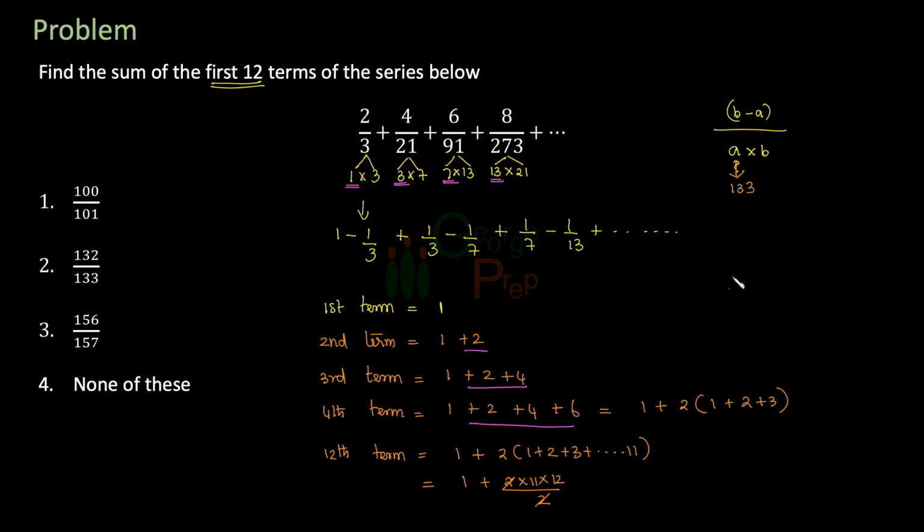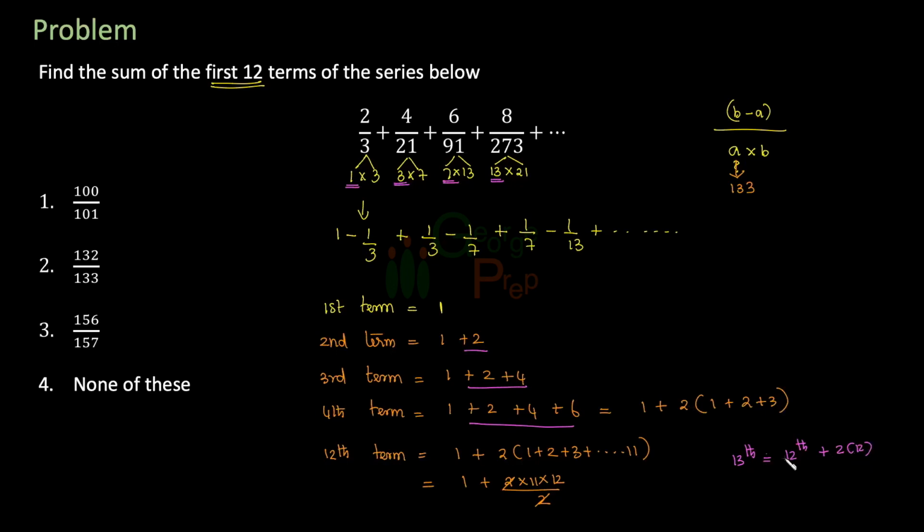So my A here, I have found it to be 133. Right. Now what will be my B? For my B, instead of going to 11, I'll have to go to 12. Which means 2 into 12, I should add 24 if I have to find my next term. So for the 13th term from the 12th term, I should add 2 into 12 because I went till 2 into 11 here.